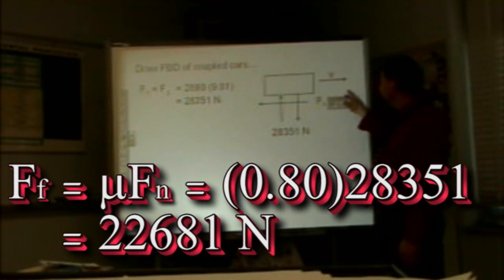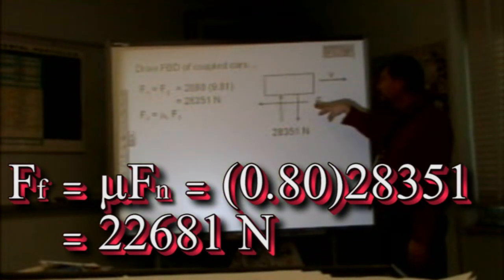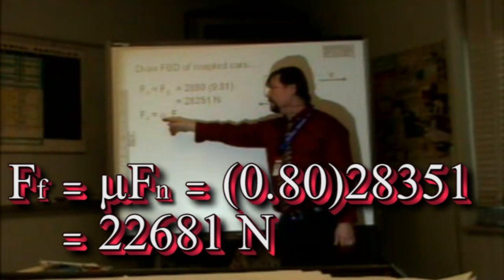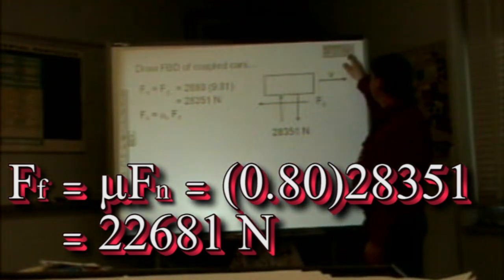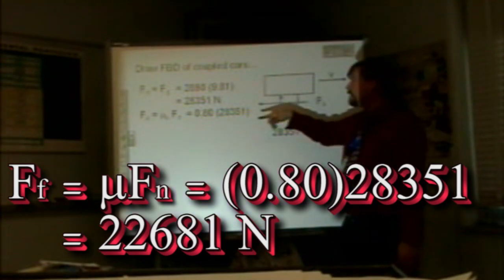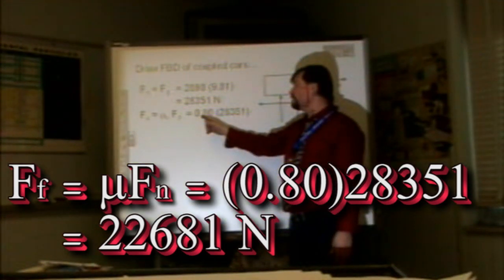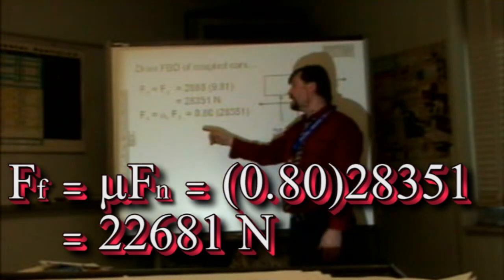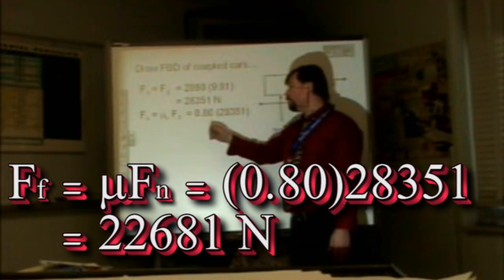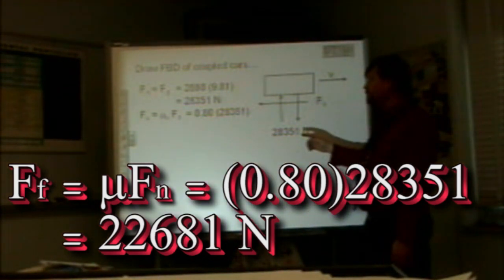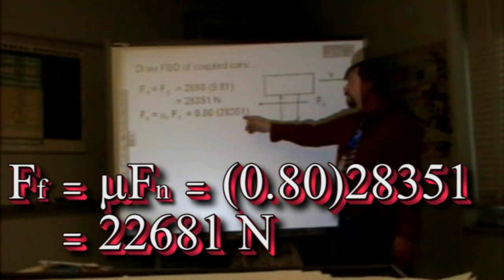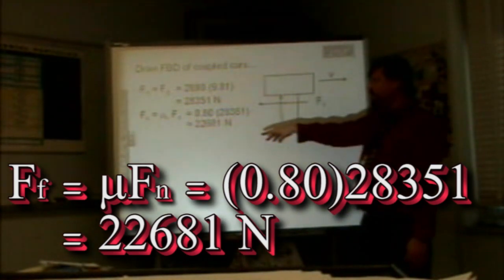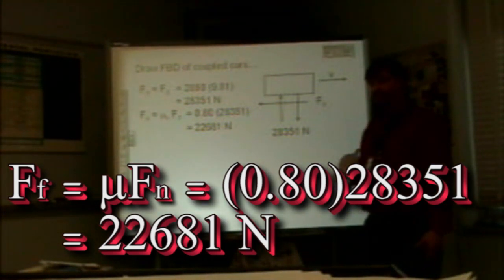Our kinetic friction for the mass of the two cars together is our coefficient of kinetic friction, 0.8, times our normal force, and that gives us a frictional force of 22,681 newtons.